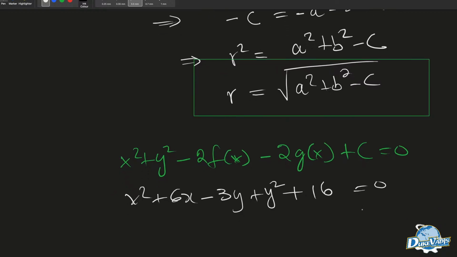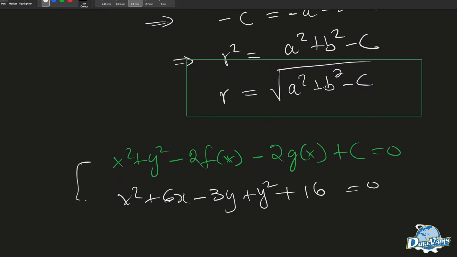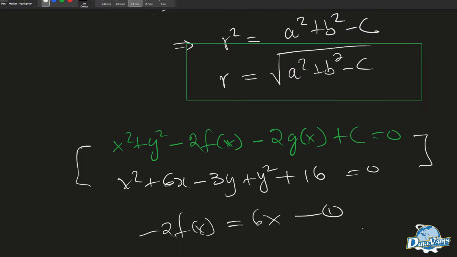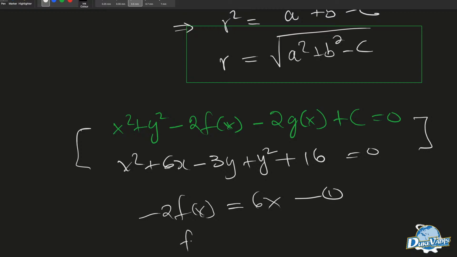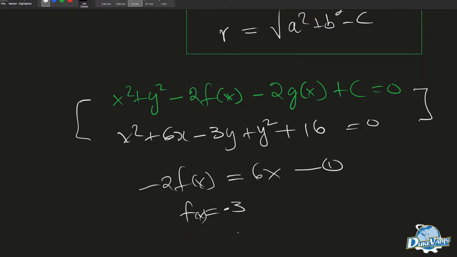If I compare this and that, I will say 2f of x is equal to 6x, one equation. So when I solve it, f will give me 3.